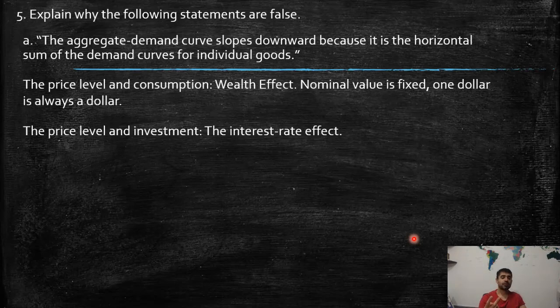Another cause why the demand curve slopes downward is the price level and investment, what we call the interest rate effect. When we have lower prices, for example, then you have more money available. When you have more money available, you go and deposit that money in your bank.